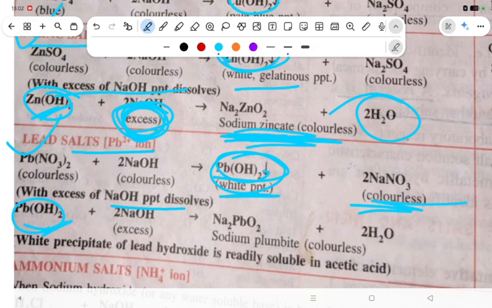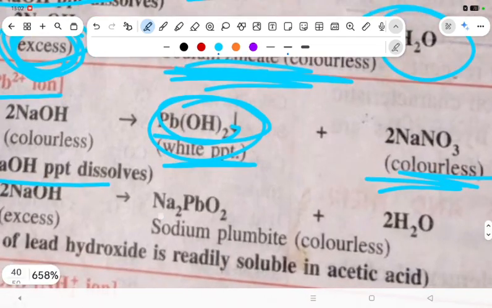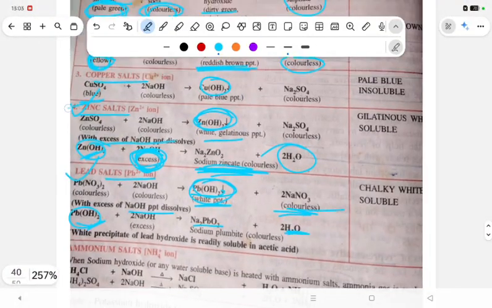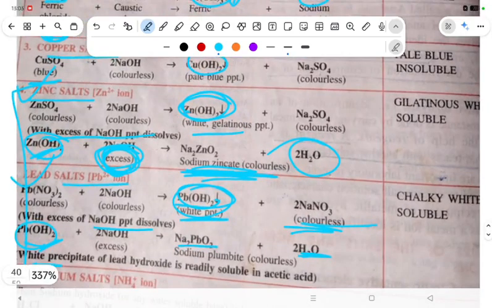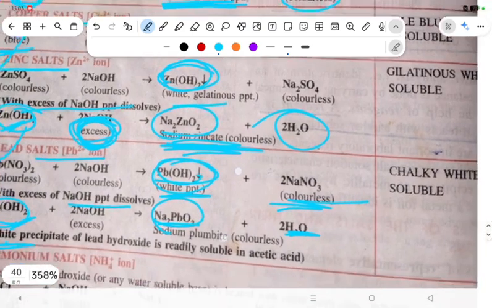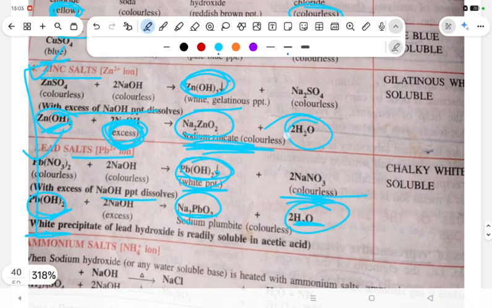You have to write excess. It will form Na2PbO2, sodium plumbate, plus H2O. These two reactions are related because in both, with excess NaOH the precipitate dissolves. Here it forms Na2ZnO2 and here also Na2PbO2, and water is the same.